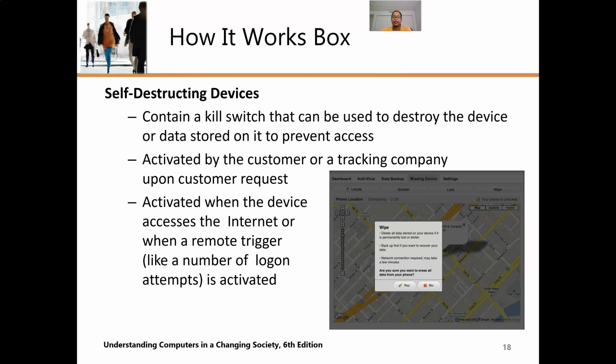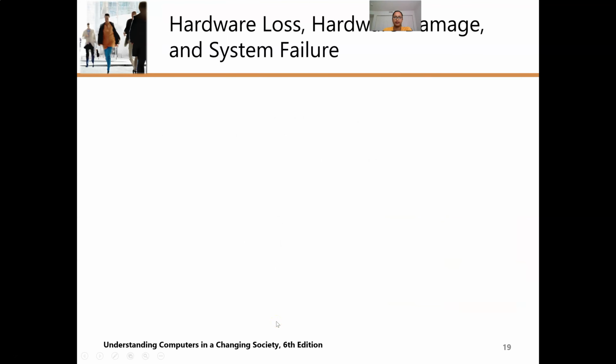It could be activated by the customer or by a tracking company upon the customer's request, and it is activated when the phone or the device accesses the internet or when a remote trigger, like a number of logon attempts, etc., is activated. Such devices may not be that common for a regular day-to-day person, but government agencies, which have confidential data or healthcare data, all such companies or agencies would be using such devices. And this can be used with some cloud services as well.